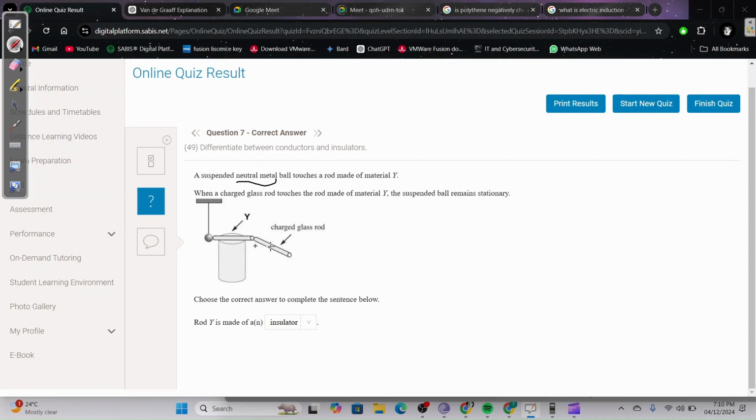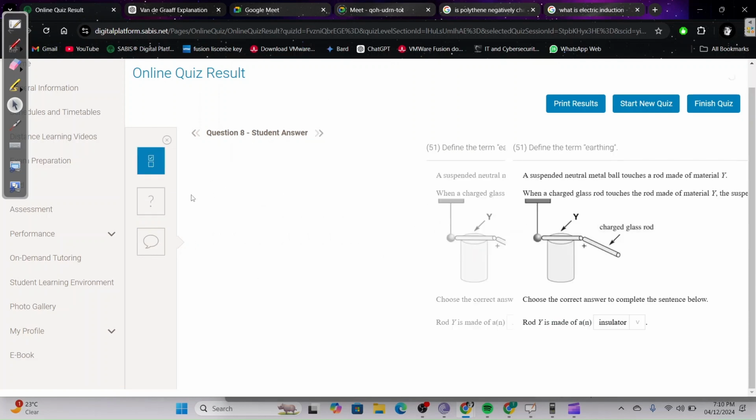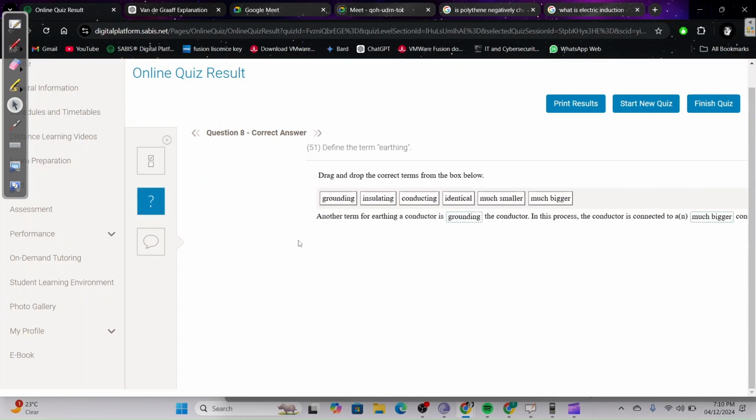So any charge that passes through this rod, if it were to pass, would cause it to attract or repel, but the ball remains stationary. So there isn't any attraction or repulsion force, since if it's neutral, it's going to attract to both positive and negative. Here, since there is no movement, that means no charges are going through this rod, even though this is charged. So there are obviously charges present, but nothing is going through here. So that means this is an insulator. It's blocking the flow.